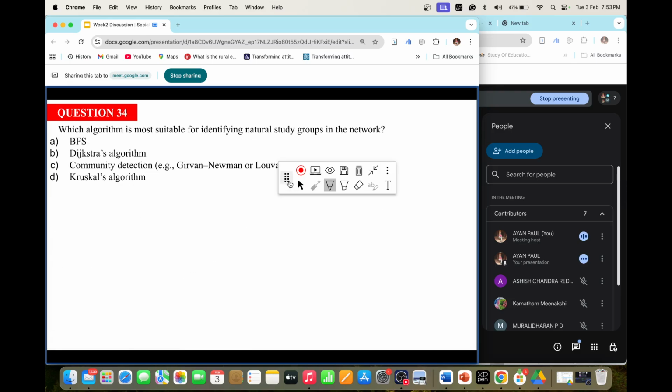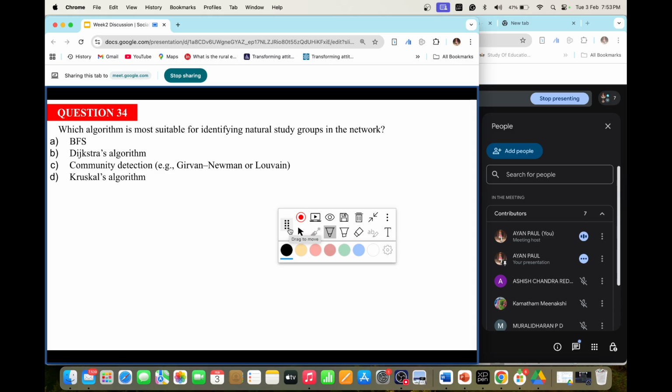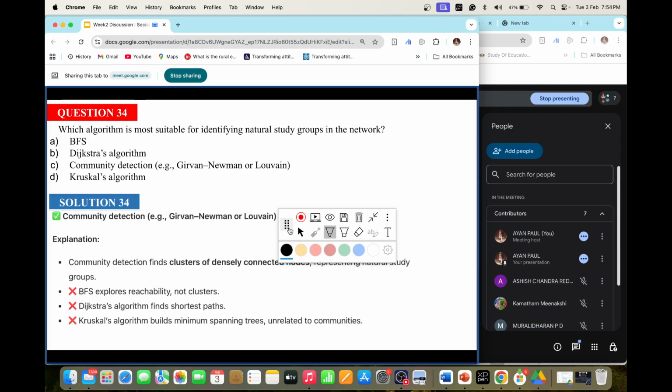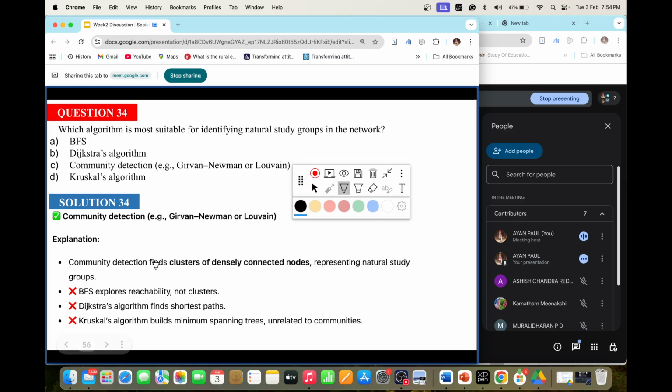Question number 34: which algorithm is most suitable for identifying natural study groups in the network? BFS, Dijkstra, community detection, or Kruskal's algorithm. So this is community detection. Community detection finds clusters or densely connected nodes that represent natural study groups.